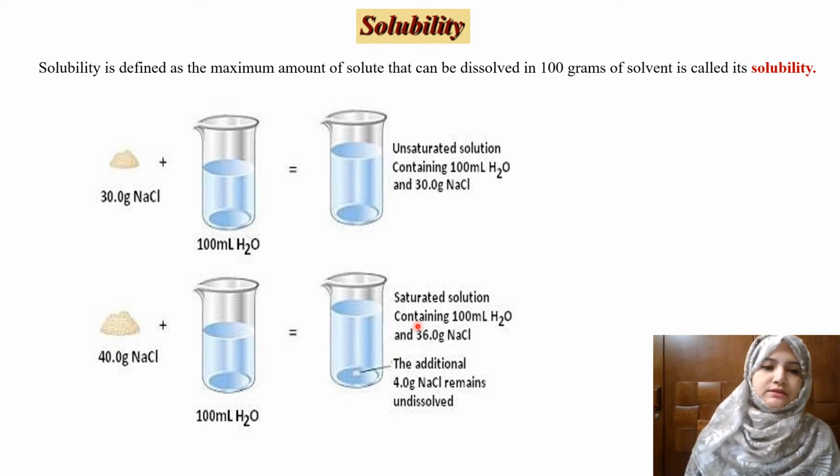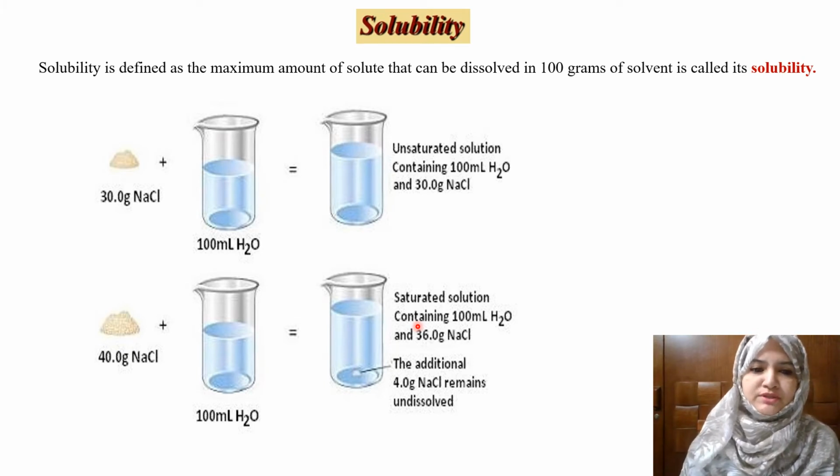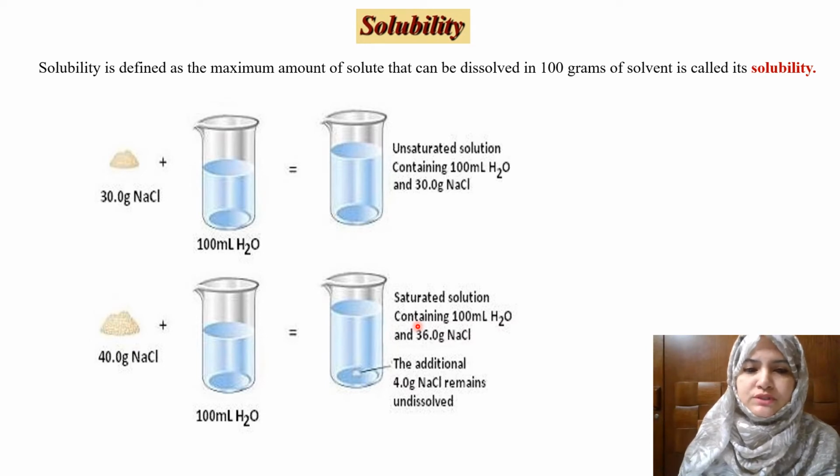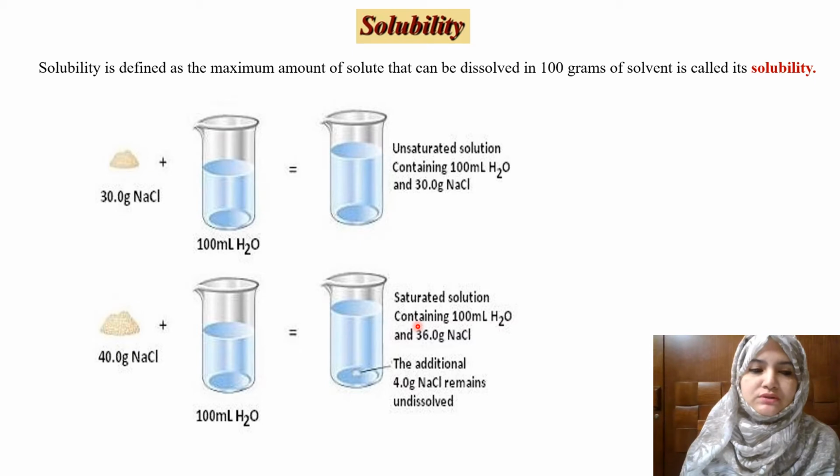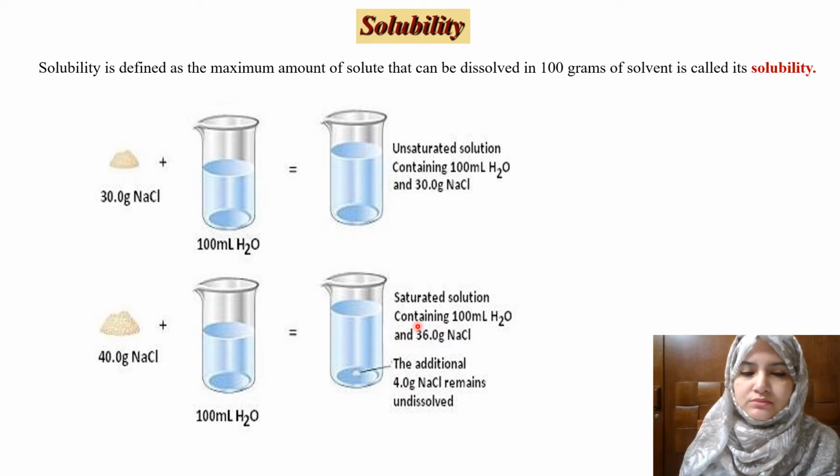So for sodium chloride, the solubility in water is 36 grams, and copper sulfate salt can be dissolved a maximum of 21 grams in 100 grams of water at room temperature, so the solubility of copper sulfate is 21 grams at room temperature, that means 25 degrees Celsius.